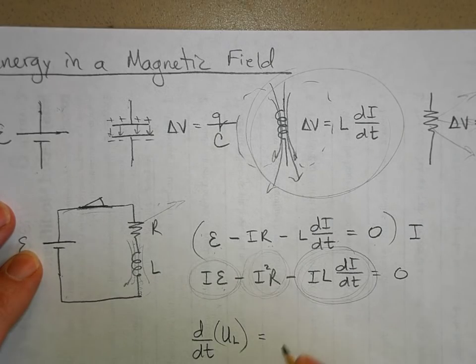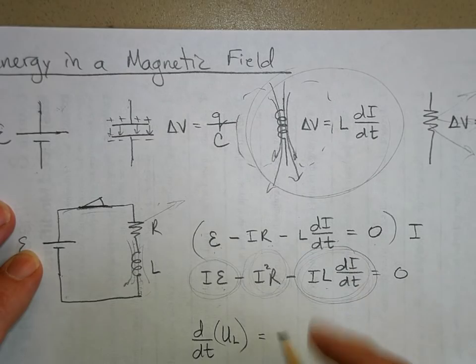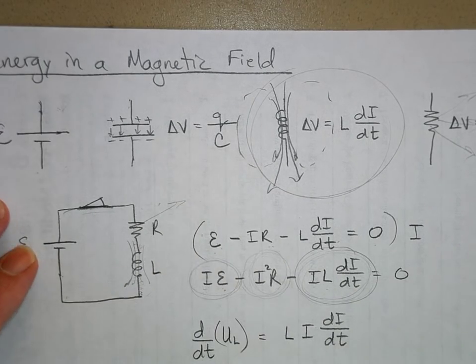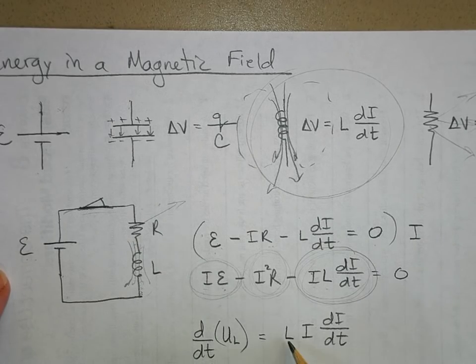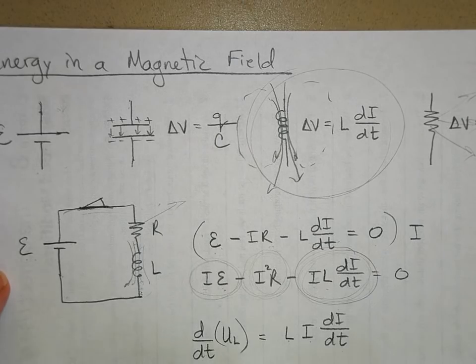And this is equal to L I dI/dt. So what we have here is dU/dt is equal to L I dI/dt. The rate at which I'm storing energy in the inductor is equal to this expression.